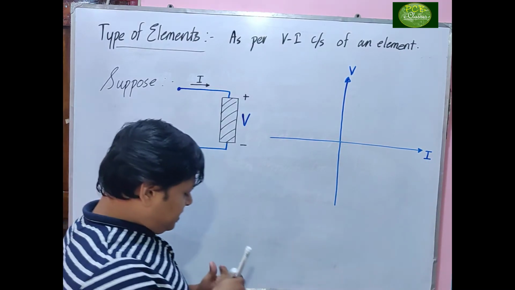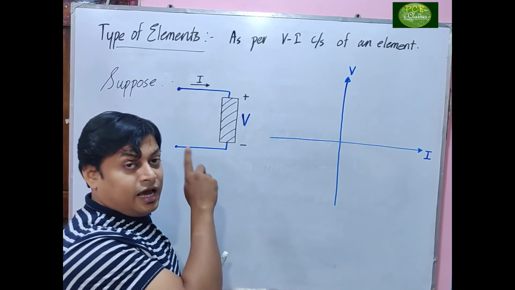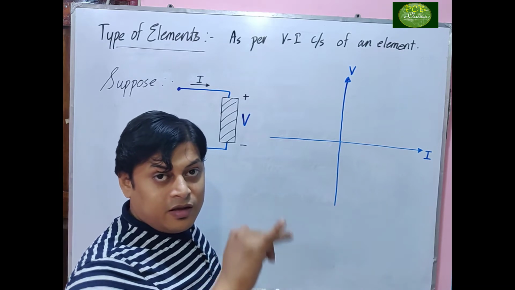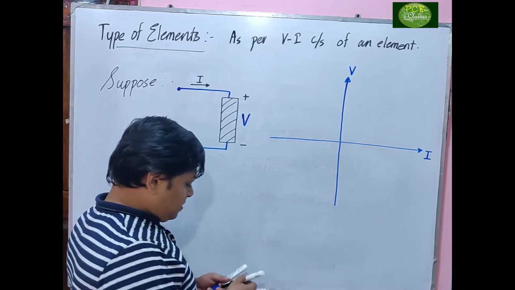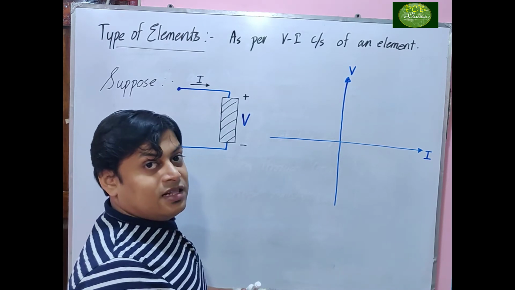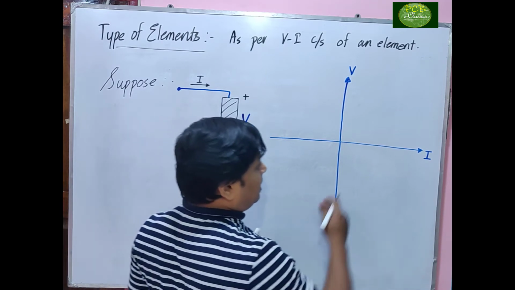What the definition says: the element will be said as linear if it follows the three points what I have said just now. Its characteristic should follow a single straight line equation.